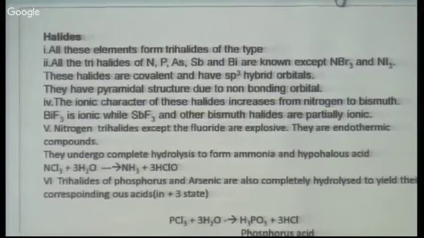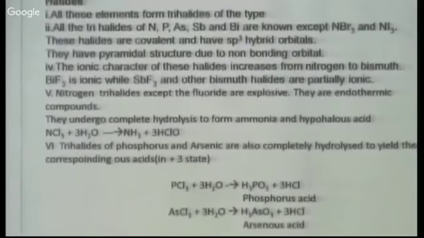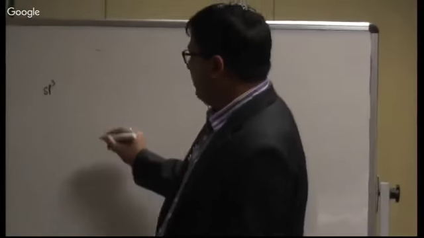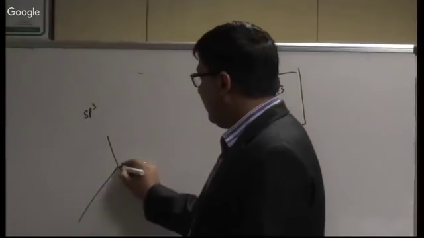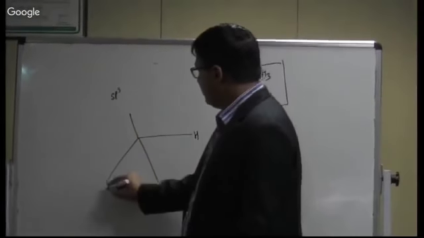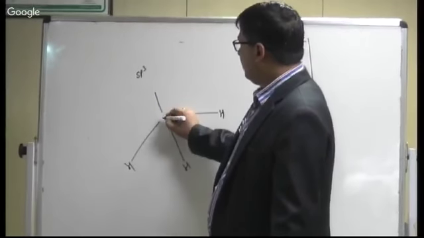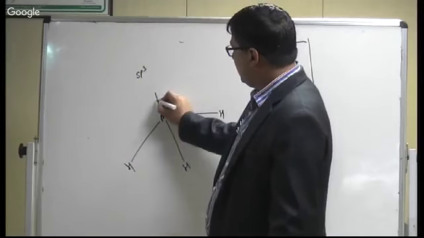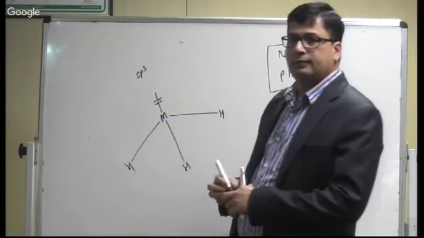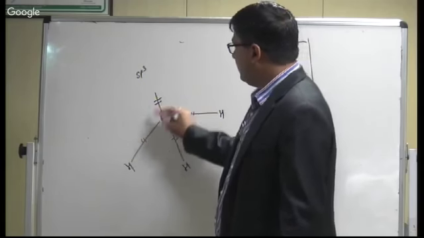Now, see, the central atom hybridization is sp3. sp3 means the bond angle is 109. So this is hydrogen, hydrogen, hydrogen, and let's say this is not nitrogen, I'm writing M. Okay, this is the lone pair. So there are bond pairs and this is the lone pair.